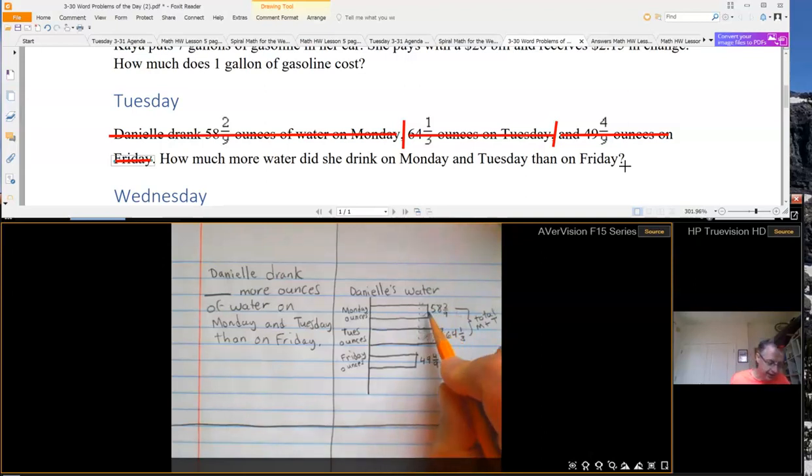I'm going to highlight it a little bit. All the parts that are more than 49 and 4/9, how much more, and I guess actually it's everything here, it's all of this. How much is this more than this? So our question mark really is kind of tricky to show on this unit bar, as I think about it.